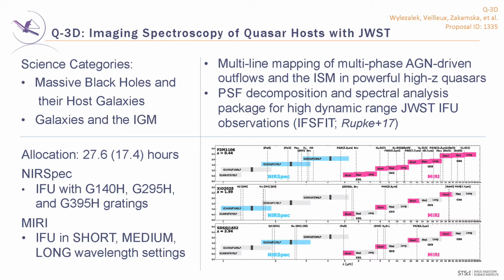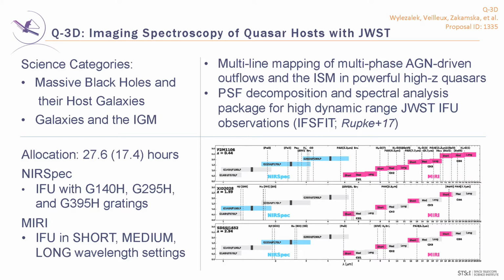This diagram on the lower right indicates the range of wavelength that we're going to be covering. For the lowest redshift target, the easiest one, at the top here, we're going to be covering continuously from 1.6 micron to 28 microns. So we're going to get a lot of information.